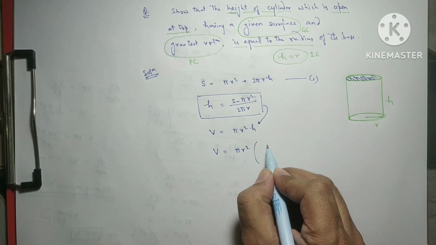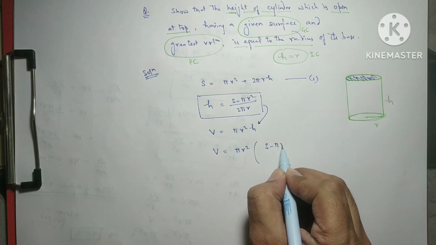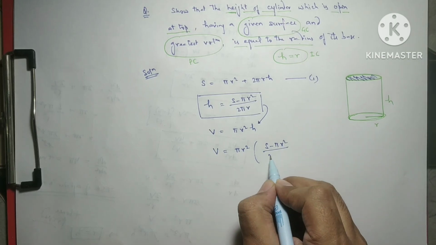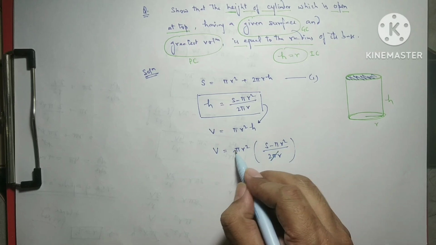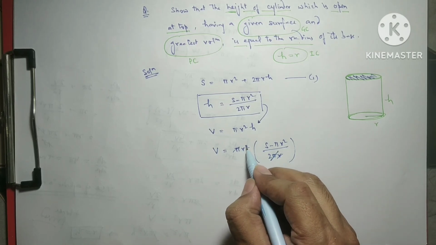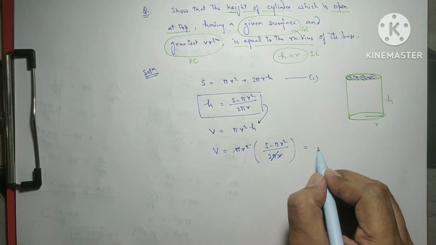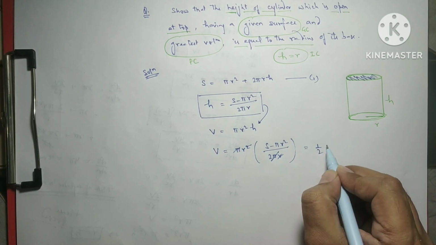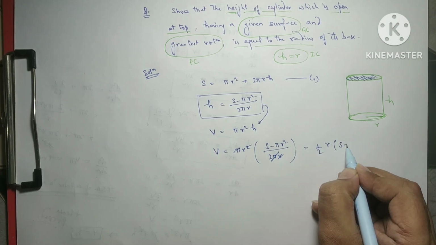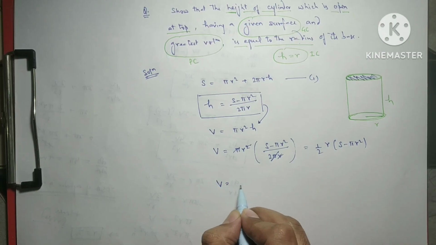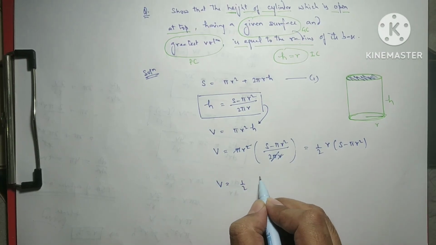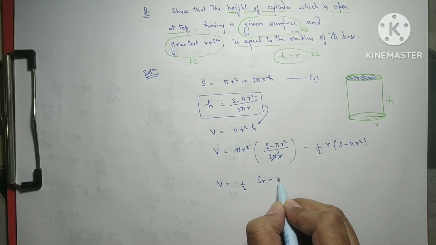So it will be s minus pi r square over 2 pi r. So cancel out pi and r. So we get half r into s minus pi r square. So v is 1 by 2 sr minus pi r cube.